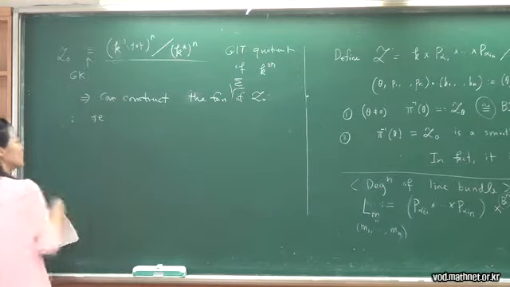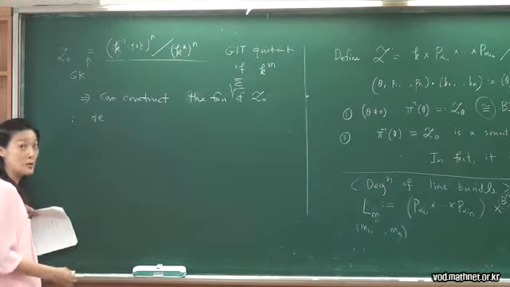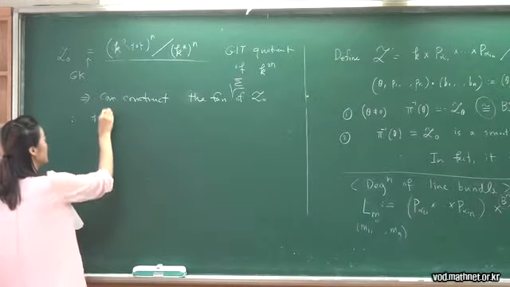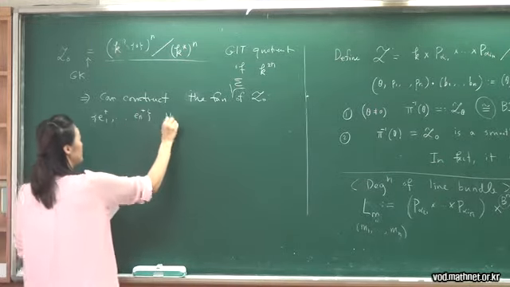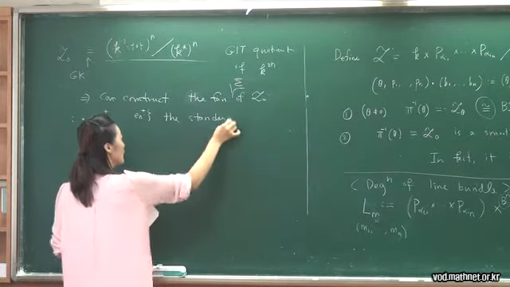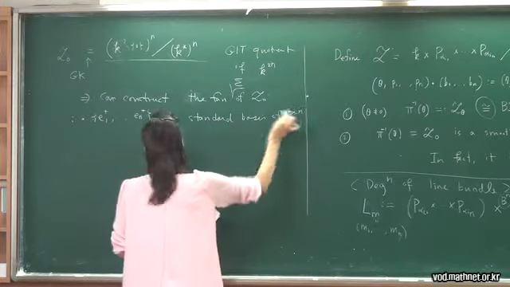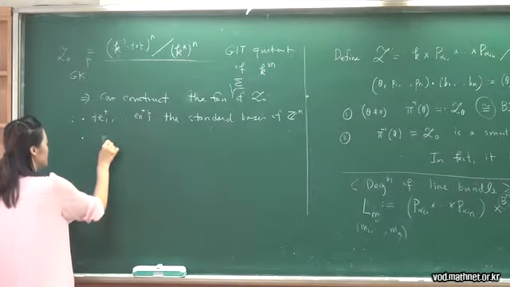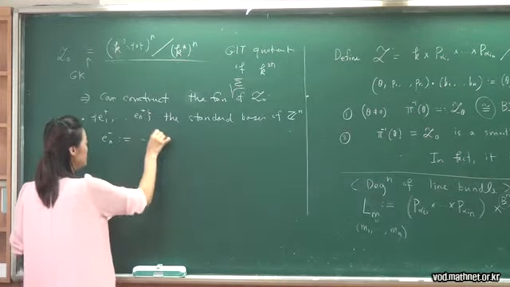I am just telling you what the fan is. It depends on the choice of coordinates. Say E1 plus through En plus is the standard basis of Zn, then En minus is by definition minus En plus.